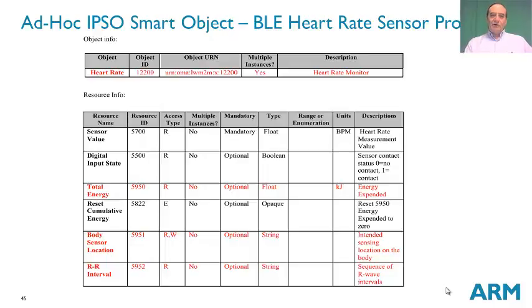If you need more objects, it's really easy to create new objects yourself. And here's an example of an ad hoc object. OMA Lightweight M2M provides object ID space for experimental objects. And so here it happens to be an experimental object, the heart rate monitor that was built to represent a Bluetooth low energy heart rate monitor.